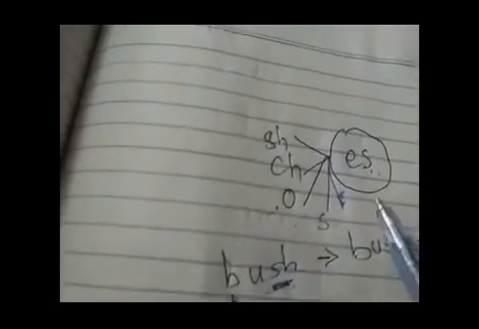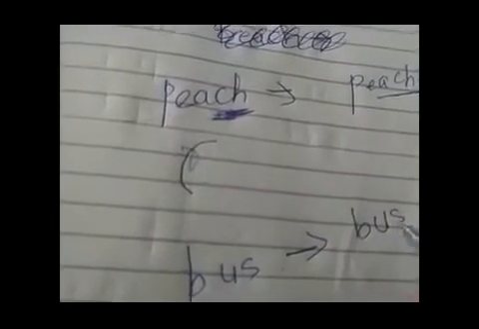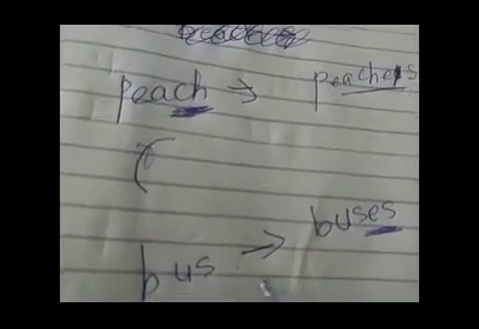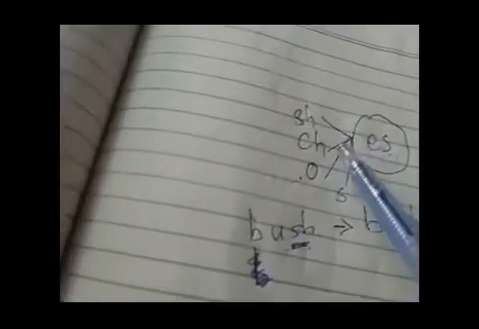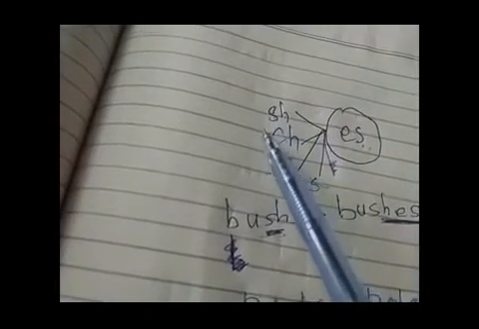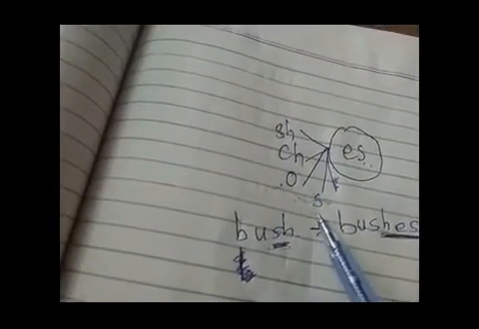So this was the rule that whenever SH, CH, O or S comes, the example for S is going to be like bus. So bus will become buses, not just buss. You have to put ES after S. So whenever these come, you have to add ES in order to make the plural of singular nouns that end with these letters.